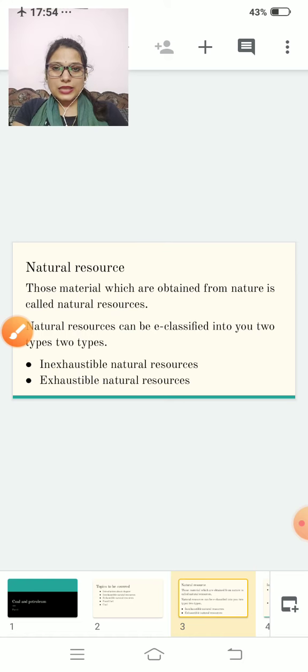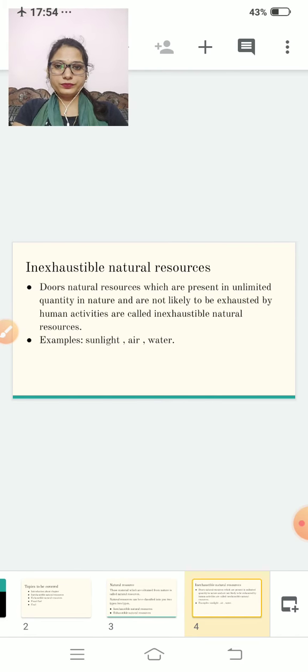So in this slide we have covered what natural resources are, examples of natural resources and types of natural resources. Clear? Shall we move further?